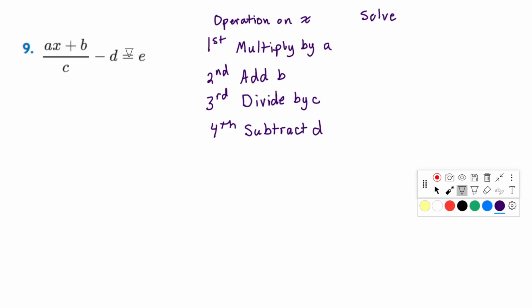When I solve this, I want to go in the reverse order. So the first thing I'm going to do is add d. To undo the division, I'm going to multiply by c.